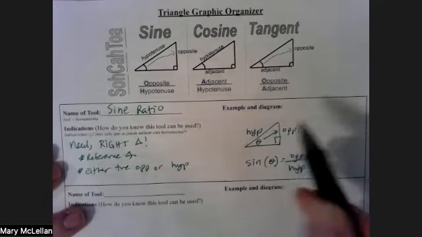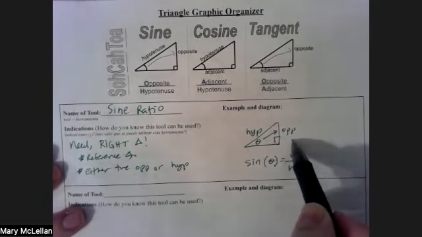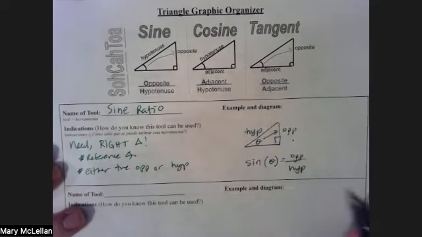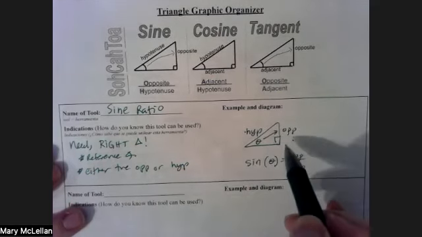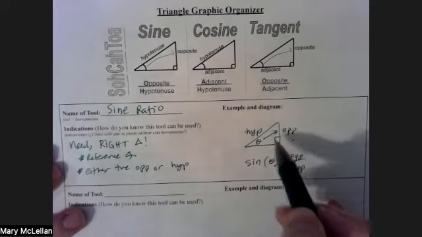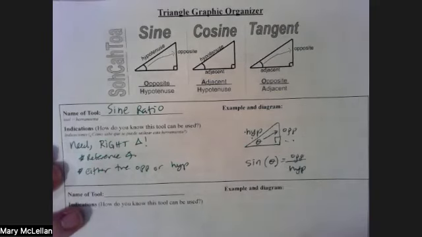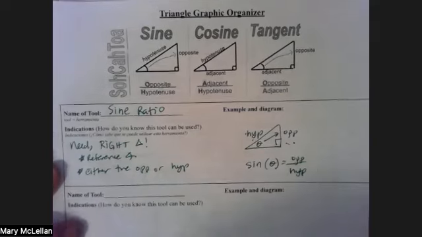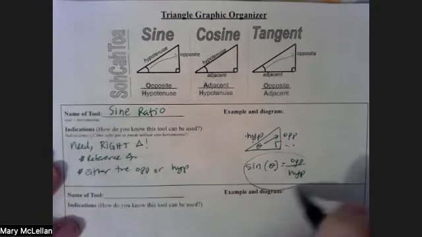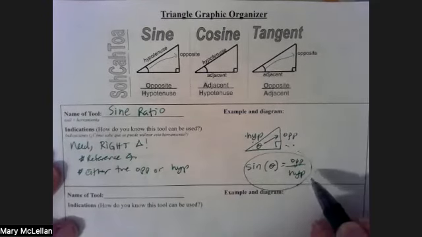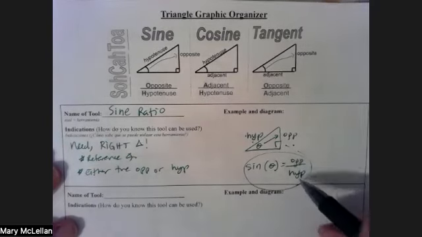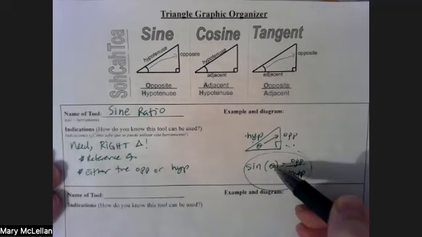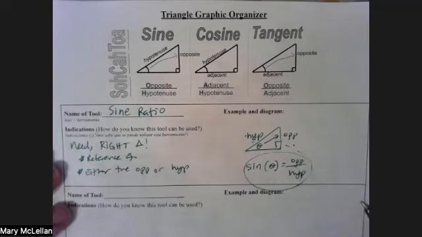So if I want to know the length of the opposite and I have the hypotenuse, I can use sine to find it. If I want to find the length of the hypotenuse and I have the opposite, I can find it. Basically, I can solve this equation if I have one unknown, and the unknown could be any of the following: opposite, hypotenuse, or the angle. We'll learn how to do the angle in a couple sections.